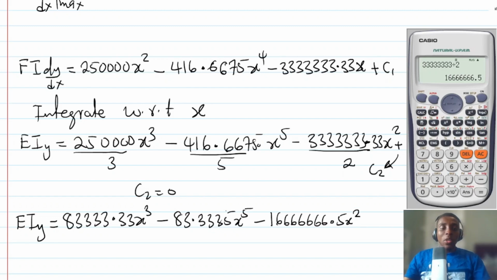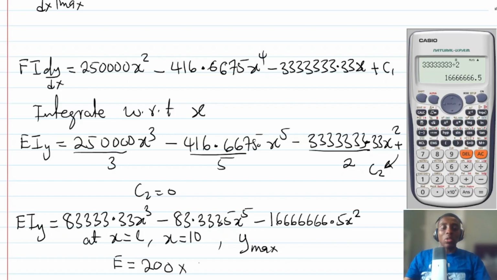Okay, so as a matter of fact, I will not do this. What I want you to do is that at x equals L, which is at x equals 10, that is where the deflection is maximum. So just put 10 here and divide by EI and tell me the answer. Don't forget that the E is 200 times 10 to the power 9.